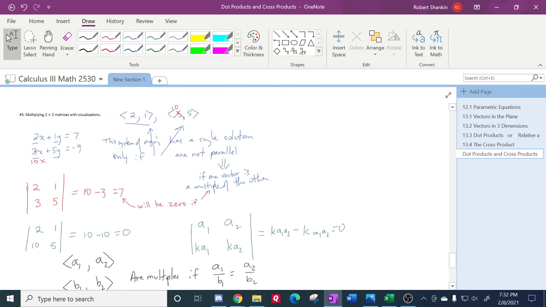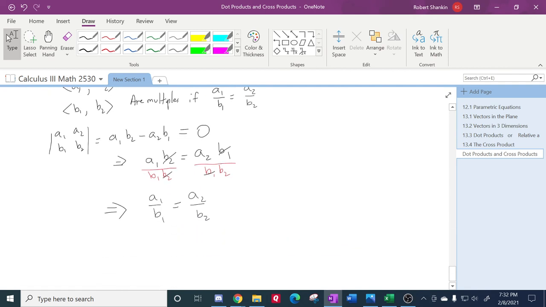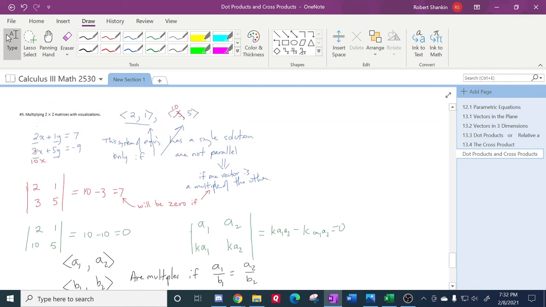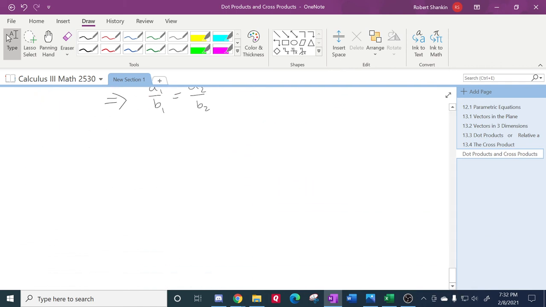So then, now, multiplying 2 by 2 matrices, the determinant, we wind up like this. Okay. Now, when you take the determinant, notice you're always taking these determinants when you're doing these cross products.